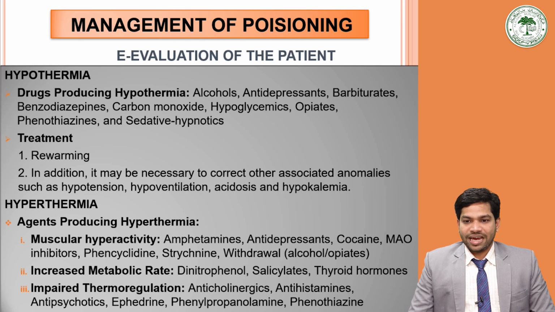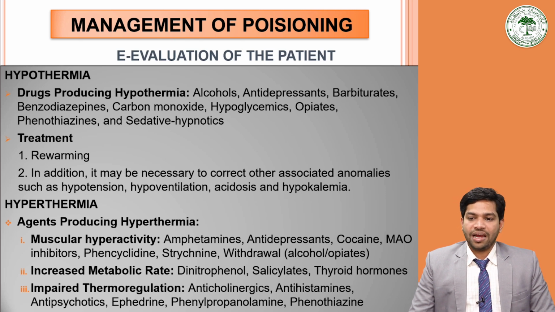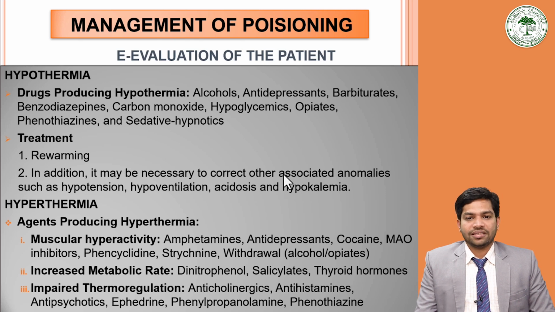Increased metabolic rate is the reason in cases of dinitrophenol, salicylates, thyroid hormones. And impaired thermoregulation is produced in case of anticholinergics, antihistaminics, antipsychotics, ephedrine, phenylpropanolamine, phenothiazines.